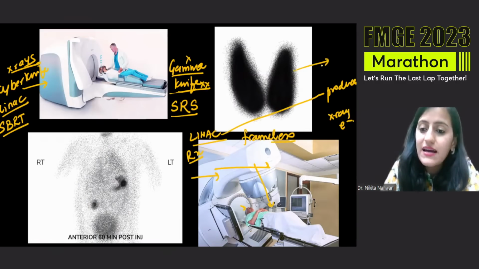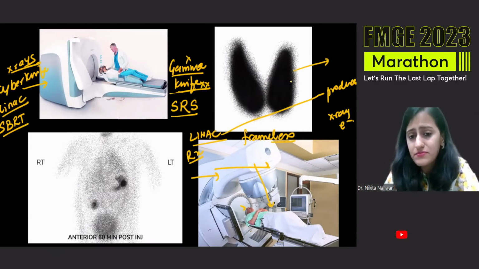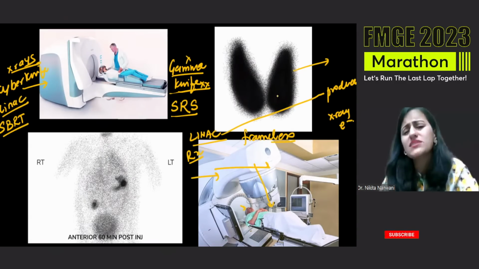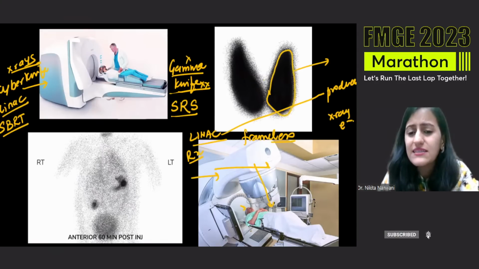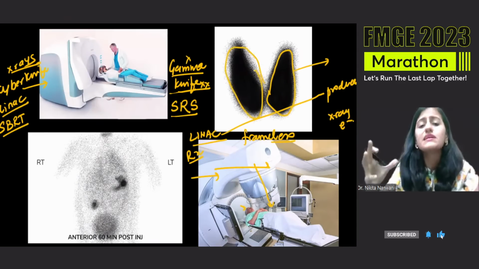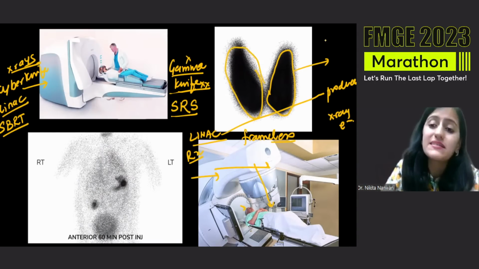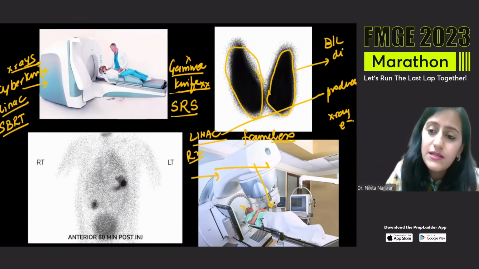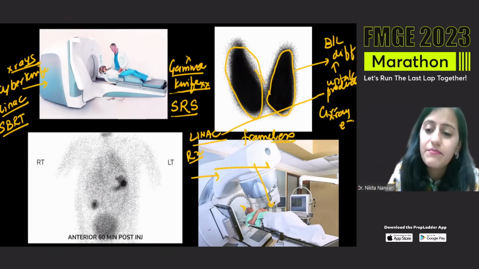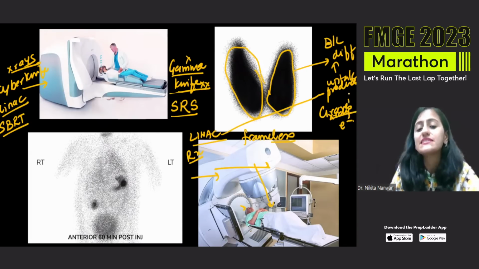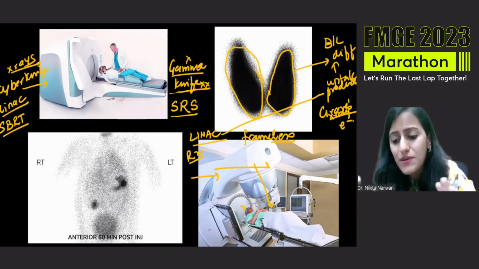This one in the thyroid scintigraphy, where you see that both of the thyroid are very, very black. They are enlarged. Black means increased uptake. That means they are hot. So bilateral, diffuse, increased uptake in thyroid. Remember that it is Graves' disease. It is not just a nodule that we are seeing.